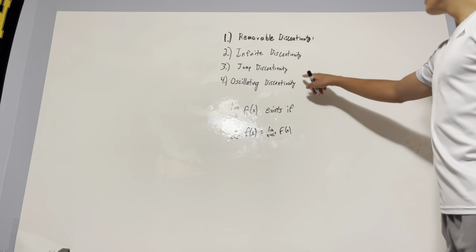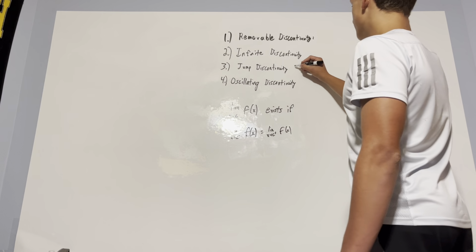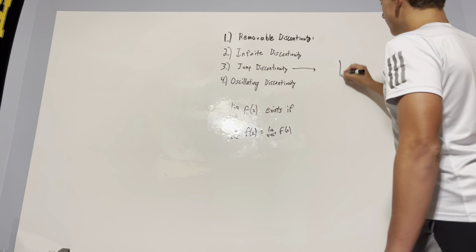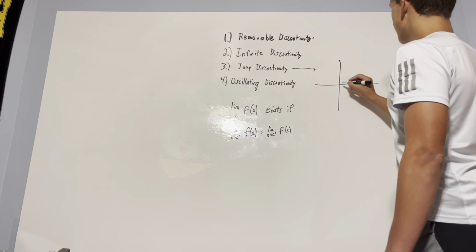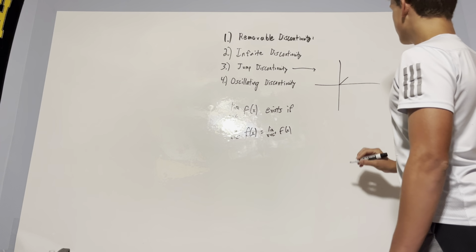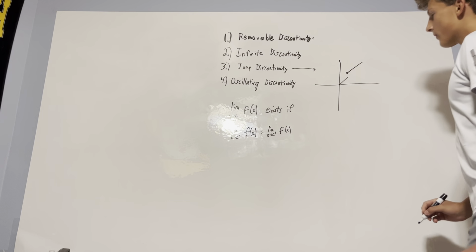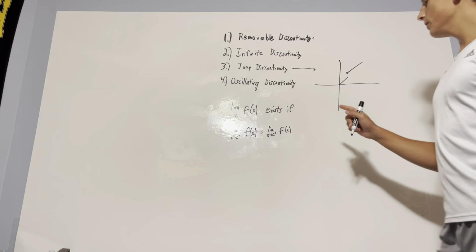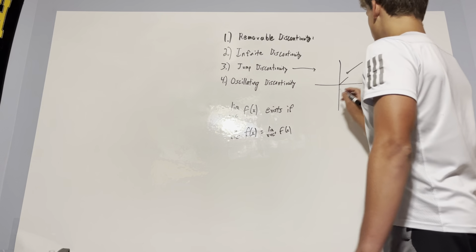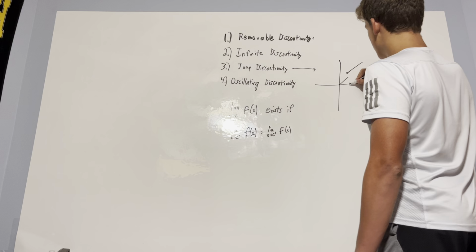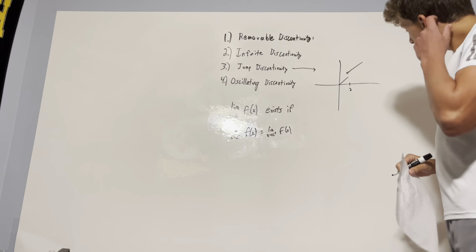And let's take the example of a jump discontinuity. If we look at the jump discontinuity example that we had before, I'll just quickly sketch it. It was y equals x, and y equals x plus 1. We went from 0 to 2 for this, so this is x equals 2.